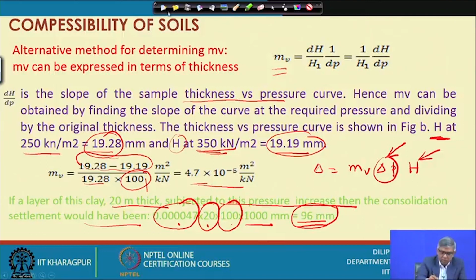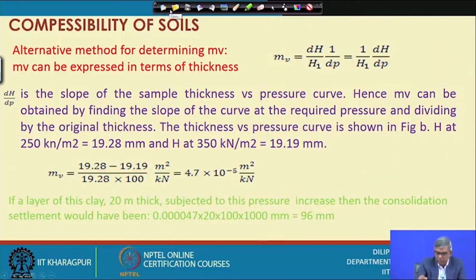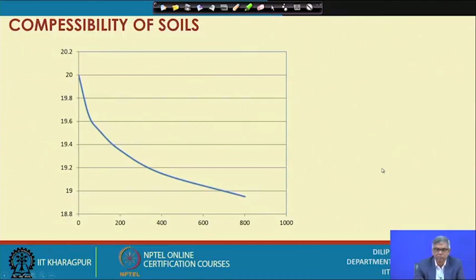Okay, let us go to the next slide. The next slide is, as I told you, where I will show you the curve. This is thickness and this is pressure.